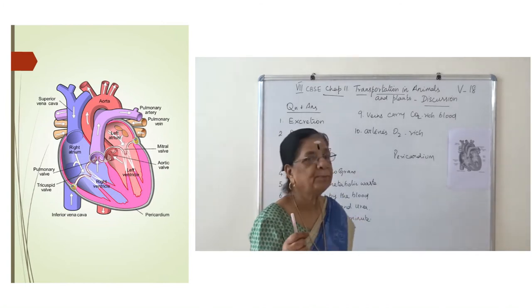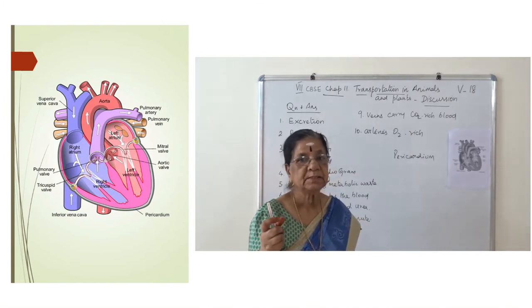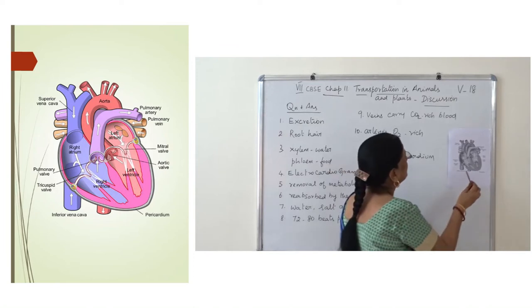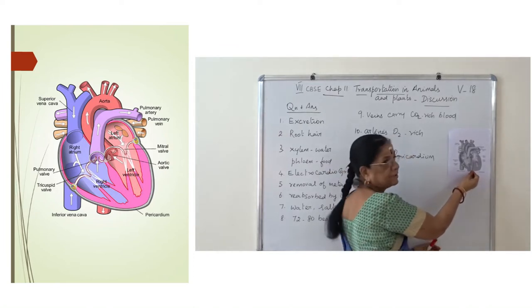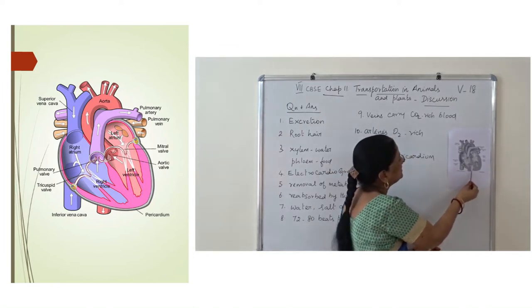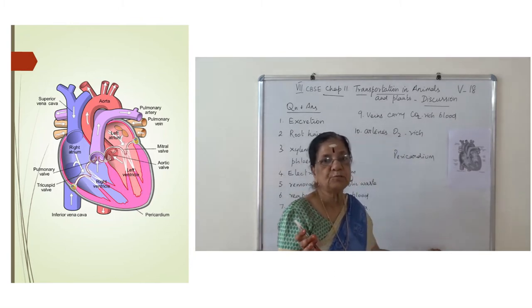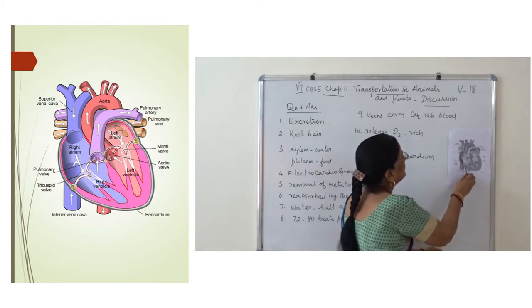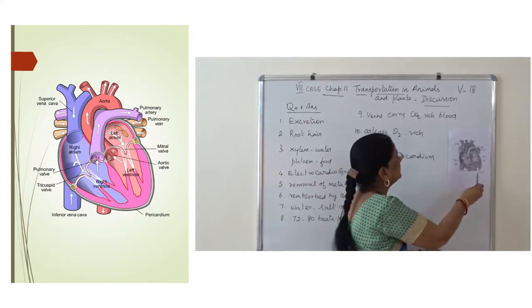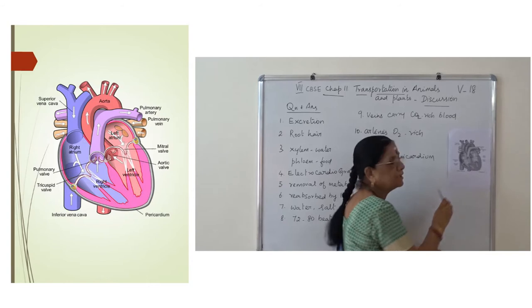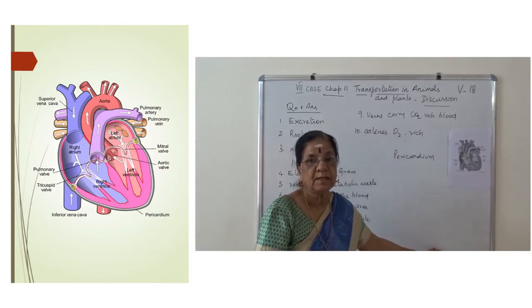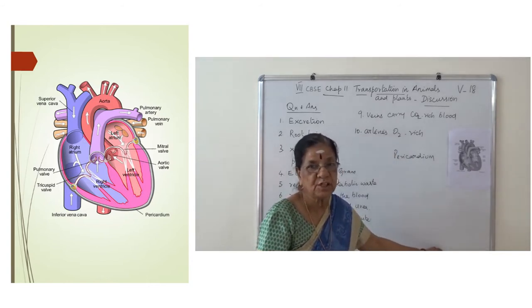So first the pericardium, and then inner to that we find the right and left atrium and the right and left ventricle. There are four chambers of the heart: right atrium, left atrium, right ventricle and left ventricle. I hope you can recollect this point.